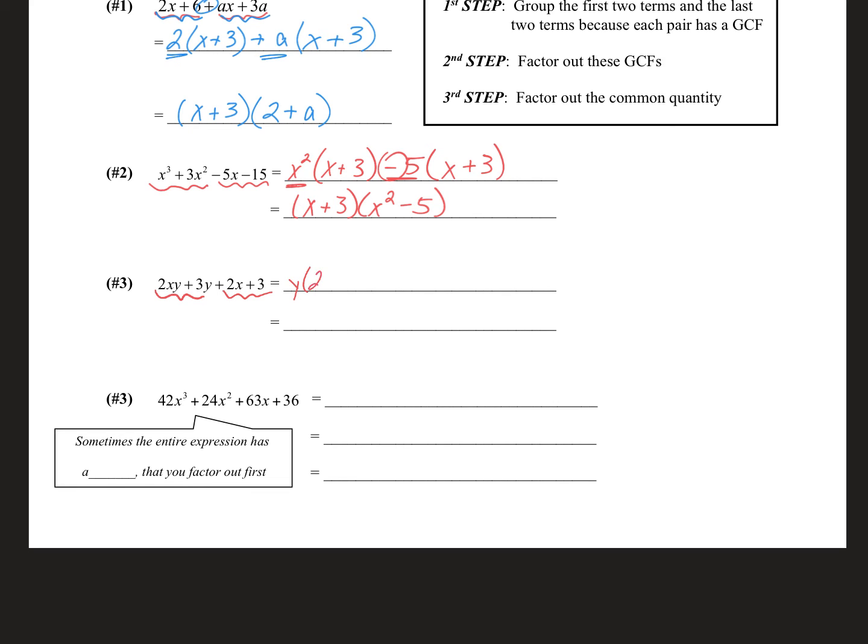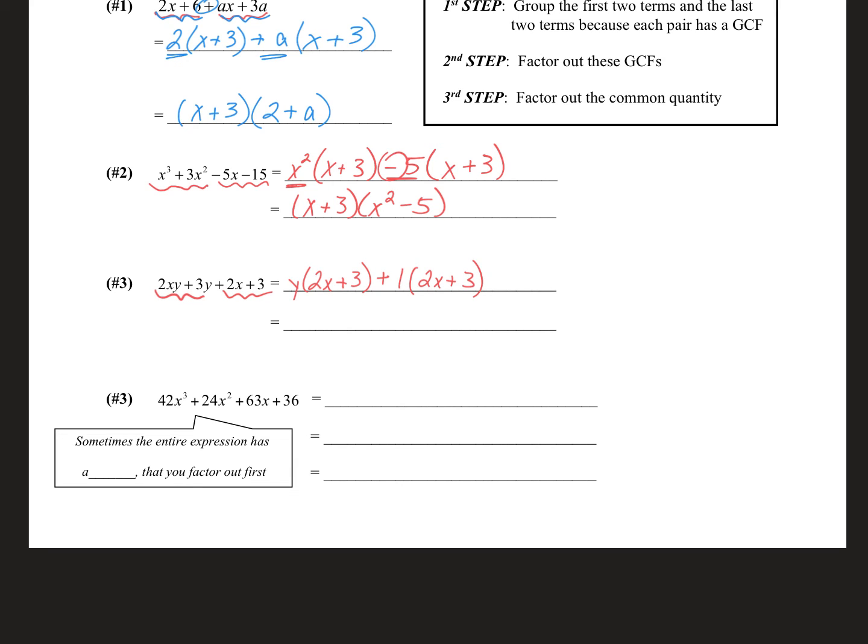Then we're left with 2x plus 3. We're adding here, so the greatest common factor between 2x plus 3 is just 1. So we have 2x plus 3.